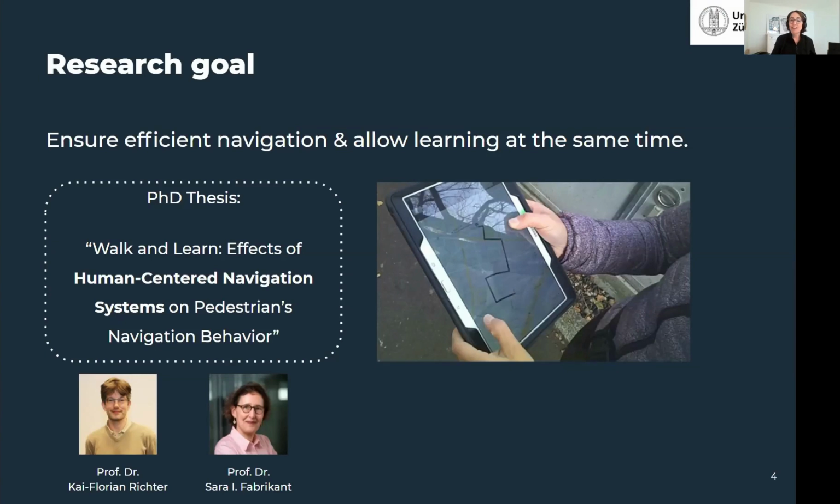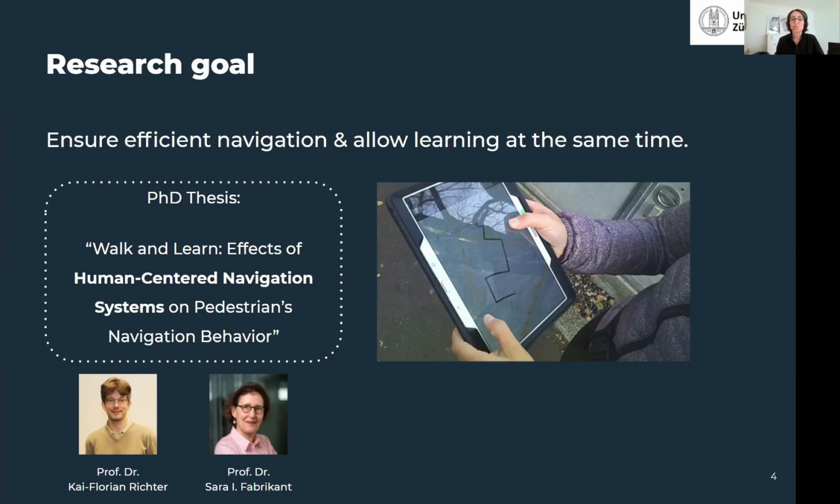Specifically, I studied the effects of human-centered navigation systems on pedestrian navigation behavior. I conducted empirical user studies in an outdoor urban environment with pedestrians.